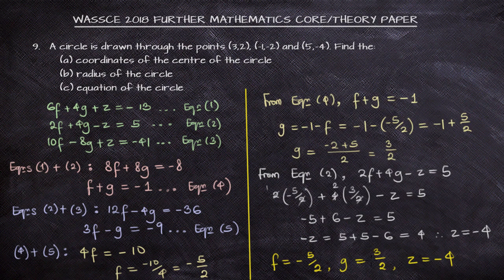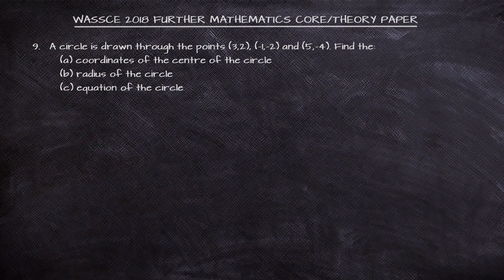I can move ahead to try and solve my questions as asked for the circle. So now going back to the equation that I started with. If I'm to recall the general format of the equation I'm using, x squared plus y squared plus 2fx plus 2gy plus z is equal to 0.